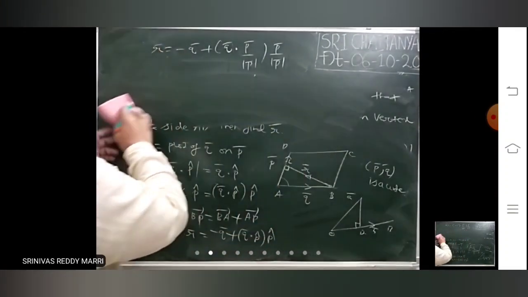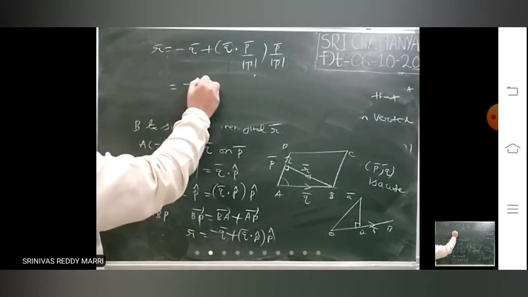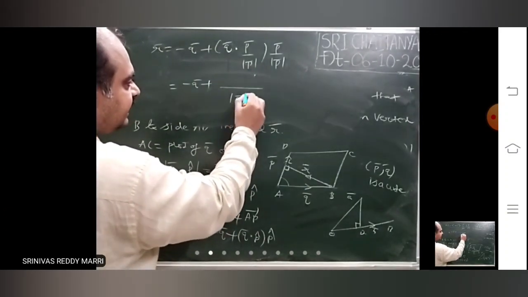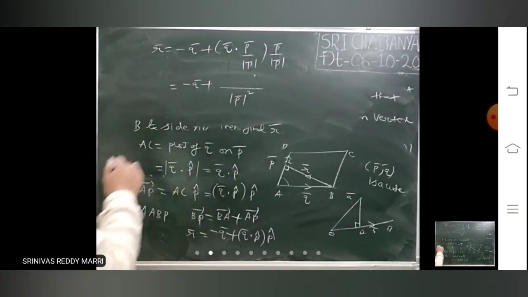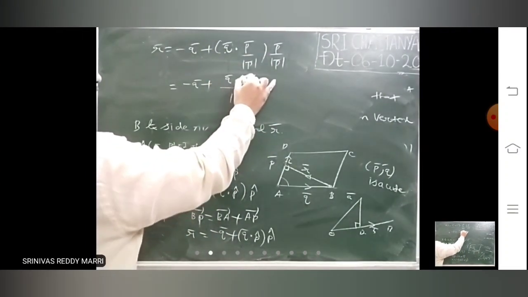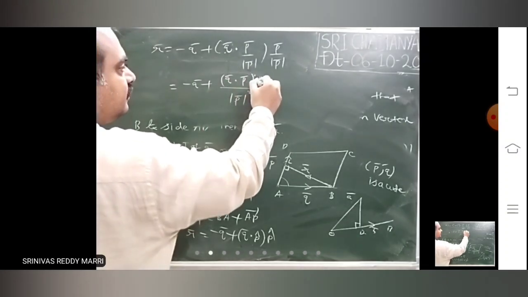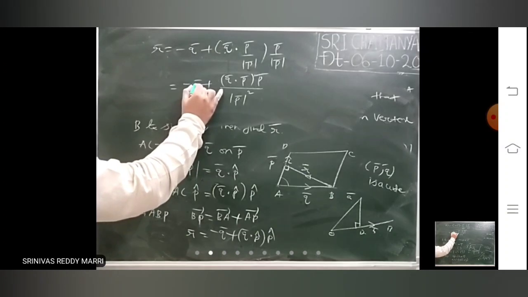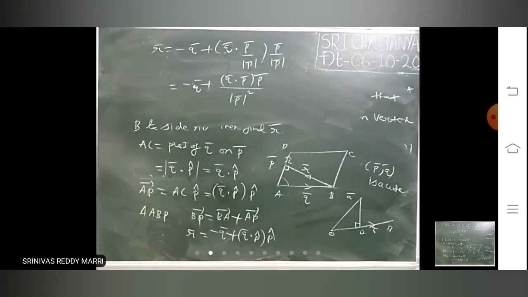That means the simplified form answer is minus Q bar. This is scalar, right outside, modulus P bar square. Modulus P bar square, this is Q bar dot P bar into P bar. This is the answer, simplified form. Like that application.